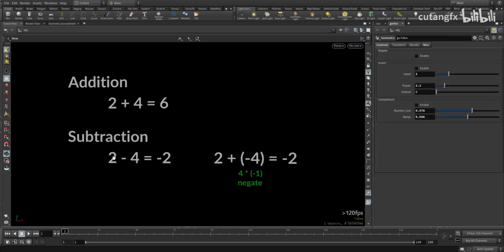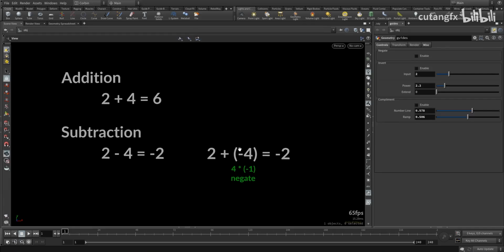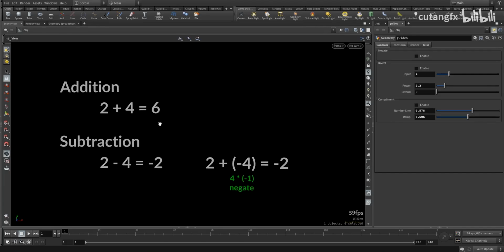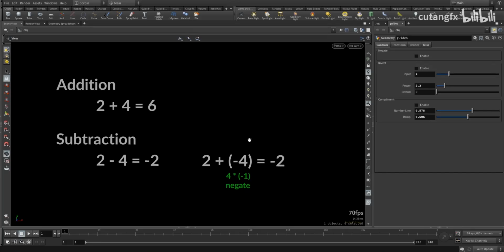So for example, 2 minus negative 4, okay? If our 4 was actually negative in the first place, we can still do the same thing. We negate the negative 4, so it becomes 2 plus positive 4. In other words, we're back to the same addition sum at the top.